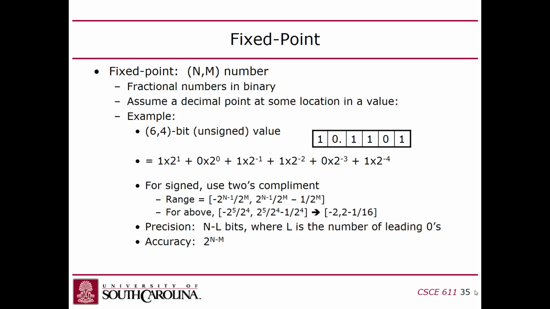So you got the minus 1 in the exponent, just like we had before, except instead of n minus 1, it's n minus m minus 1, right? That's the lower end of the range. And then v, the value that you want to represent, would go to 2 to the m minus 1 minus 2 to the minus m.